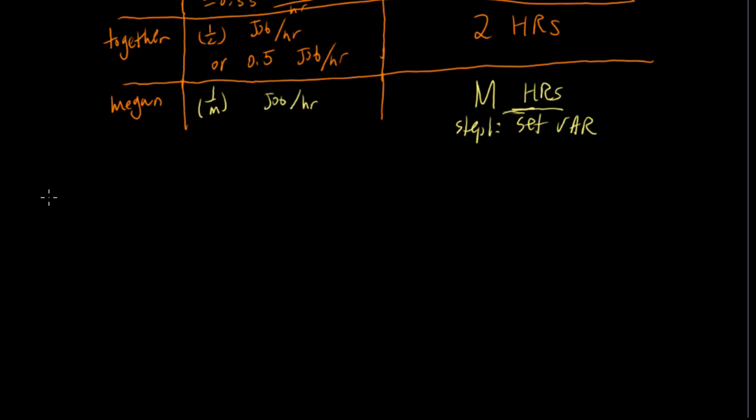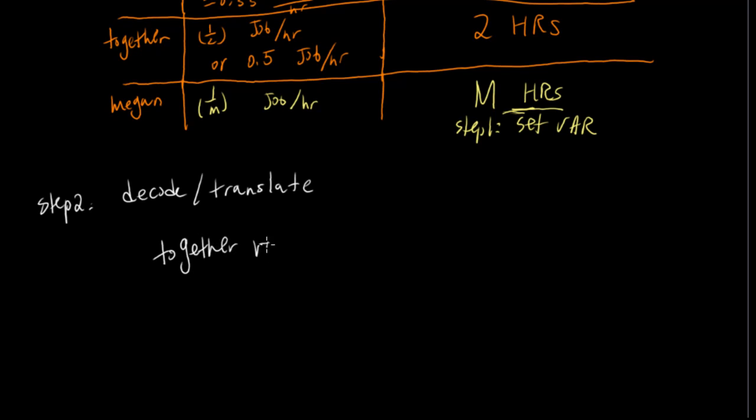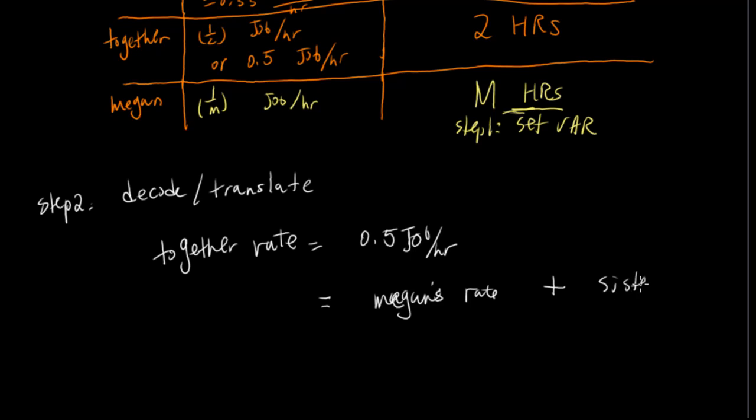Now, step 2: we go back and decode, translate the words. It says that the together rate is 0.5 jobs per hour, which equals Megan's rate plus the sister's rate.